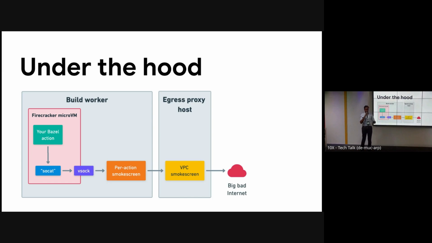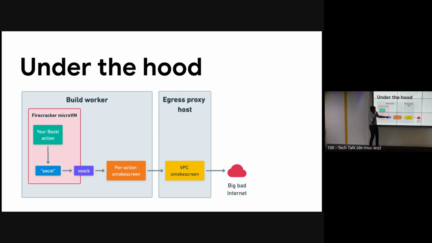For each Basil action that requests internet access, we spin up a TCP listener inside the micro VM that acts like a simple SOCAT, the blue box here. The SOCAT just shoves bytes into this VSOC, a mechanism for network communication between a VM and the host kernel. On the output end of the VSOC, we connect a dedicated instance of the smokescreen library, an open source connect proxy. This orange box here.